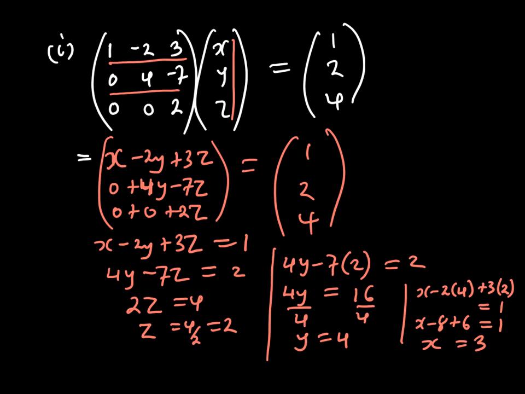Okay, because -8 plus 6, you get -2. Okay, and when a negative crosses the equal sign, then you end up with x is equal to 3. Therefore, we have x equals to 3, y equals to 4, and z equals to 2.